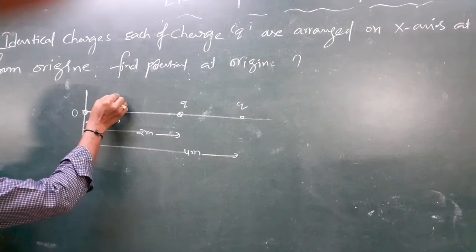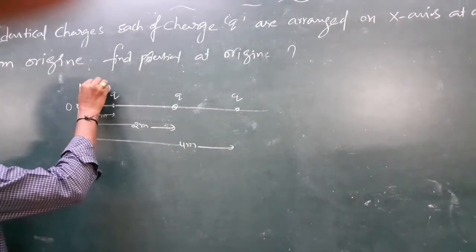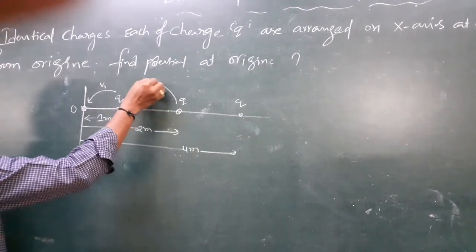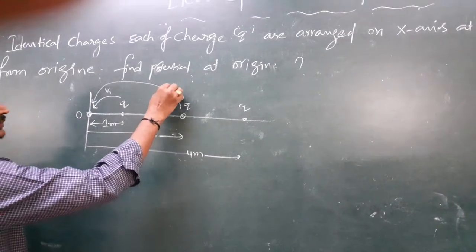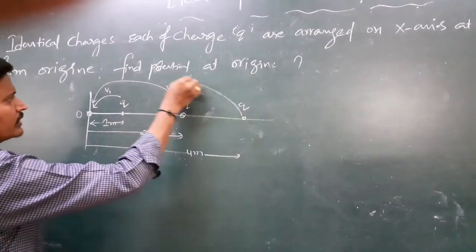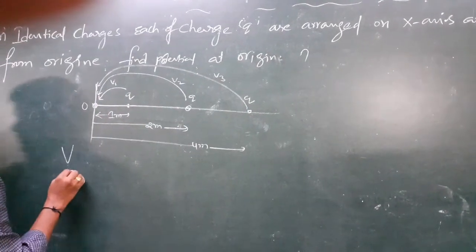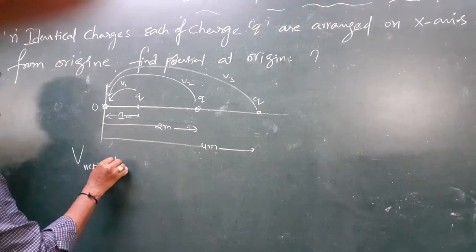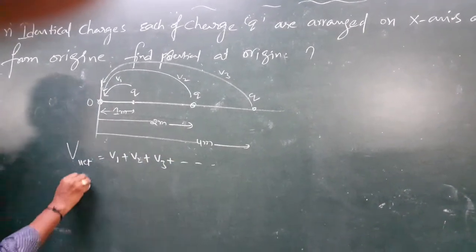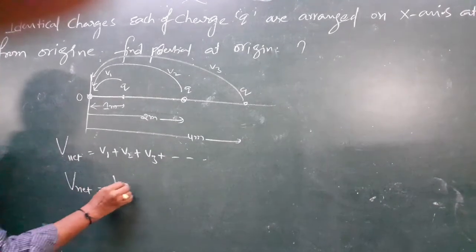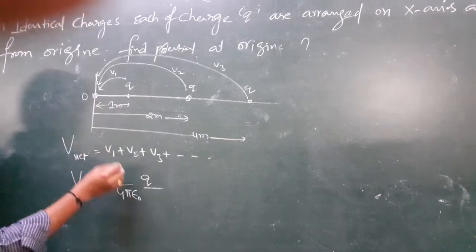Potential is nothing but the work done to bring the charge from here to this point, and that is called V1. The work done to bring the second charge from here to the origin is V2. Next, the work done to bring the charge from here to this point is V3. Net potential at this point is V1 plus V2 plus V3 and so on. V net is equal to 1 by 4 pi epsilon naught q by 1, the distance of this point.